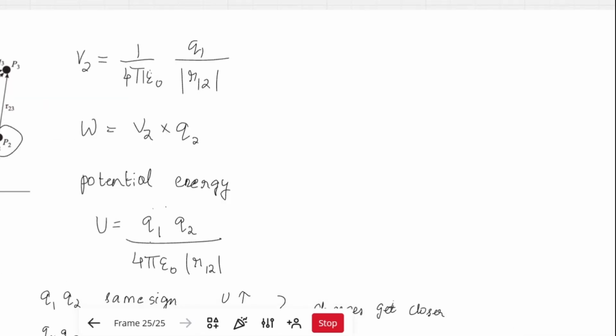Consider that three charges are present. Then what will be the potential energy? The total potential energy is the sum of potential energy contributions from each pair of charges.